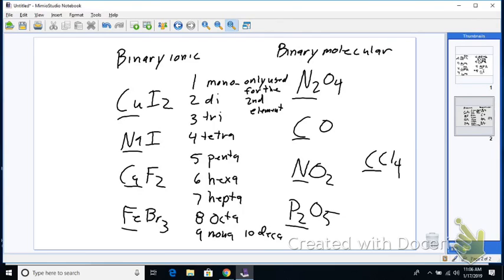So this first one, for example, it's got 2 nitrogens, so that is what prefix? Dinitrogen. And then 4 is tetra, but it's a little thing you have to be familiar with.